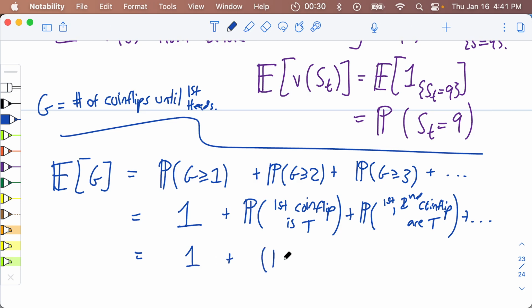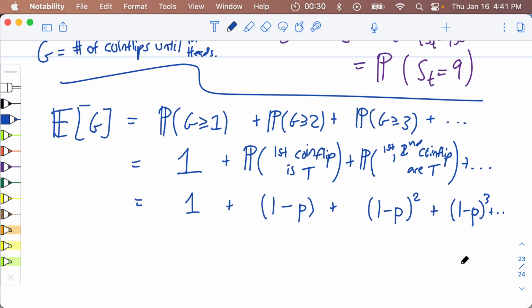The first coin flip is tails, that's 1 minus p. What's the probability the first 2 coin flips are tails? Well, you need 1 minus p for the first one, and then 1 minus p for the second one. So it's 1 minus p squared, 1 minus p cubed, and so on. And we're finally at the point where we realize why this is named after Mr. Geometric. This is a famous sequence in mathematics called a geometric sequence.